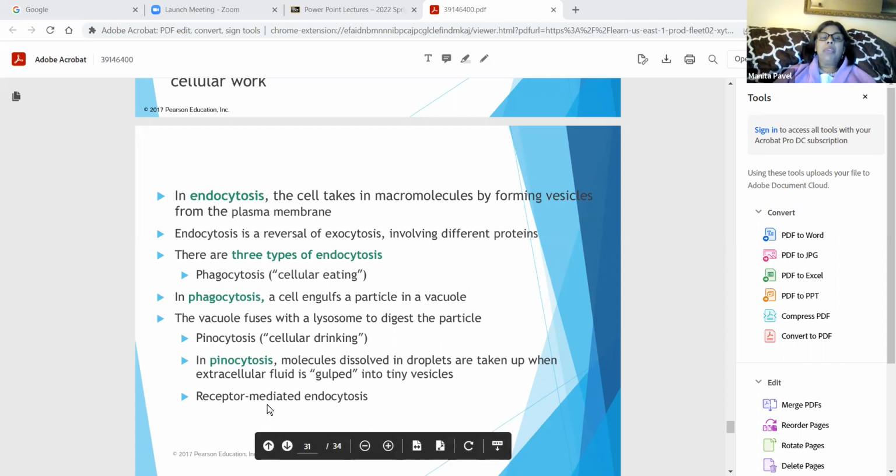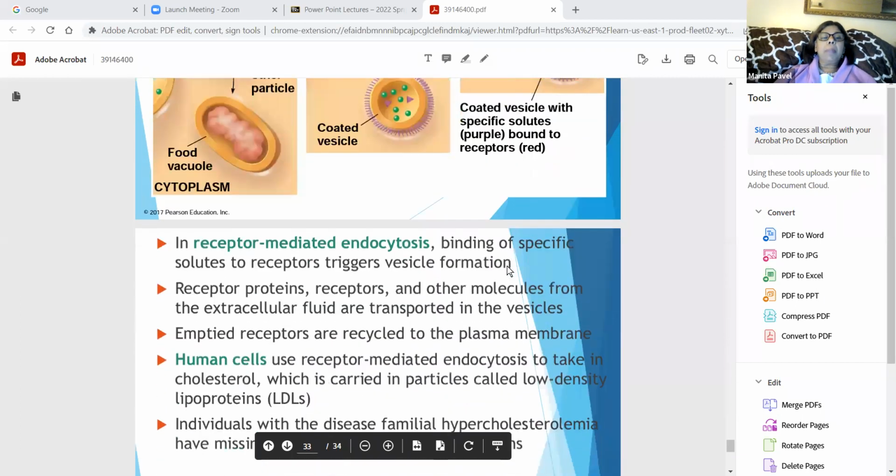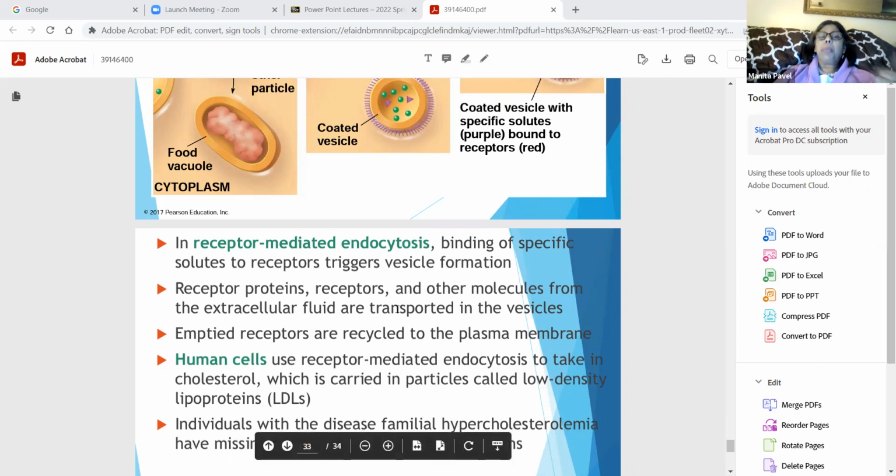And then we have receptor-mediated endocytosis. Receptor-mediated endocytosis is the binding of specific solutes to a receptor that is going to trigger the vesicle to be formed. So receptor proteins, receptors, and other molecules from the extracellular fluids are transported in the vesicles.